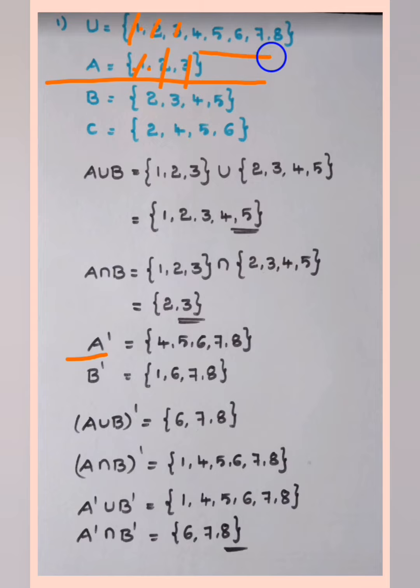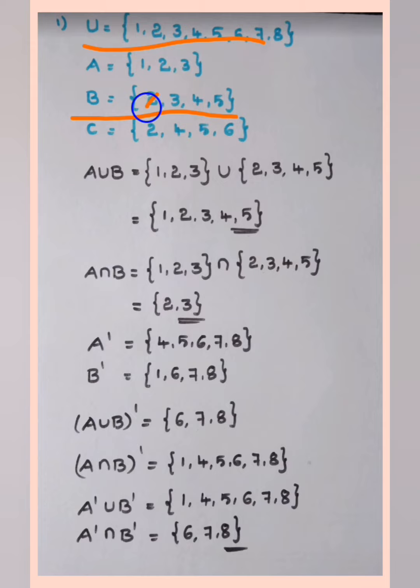What are the remaining elements in U? 4, 5, 6, 7 and 8. So this is A dash. For B dash, consider B and U. Cancel the common elements: 2, 2, 3, 3, 4, 4, 5, 5. What are the remaining elements? 1, 6, 7 and 8. So 1, 6, 7 and 8 are B dash.